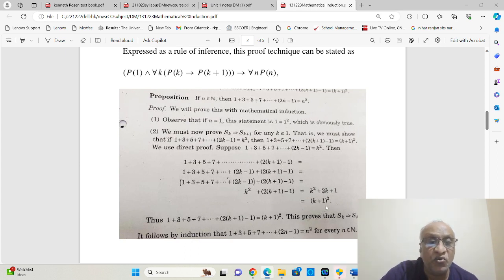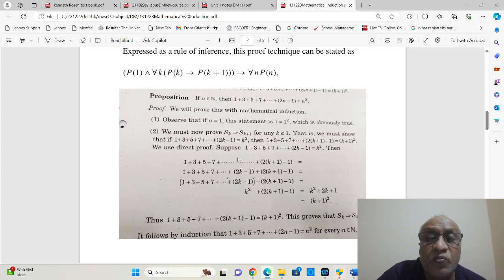So, hence what we proved is this implication, S of k implies S of k plus 1. So, by induction, we can say that 1 plus 3 plus 5 plus 7 plus 2n minus 1 is equal to n square for every n belonging to N.